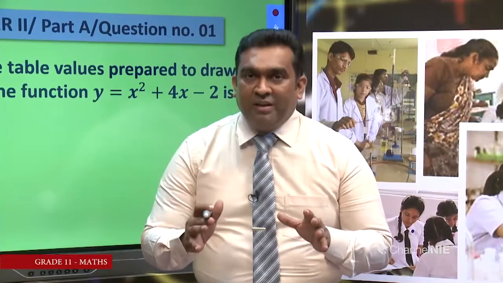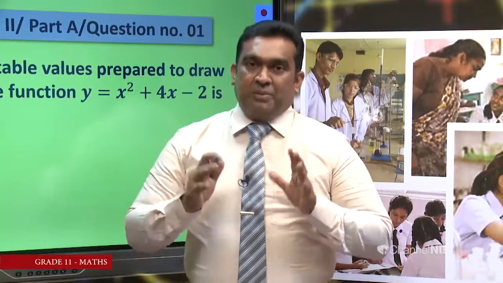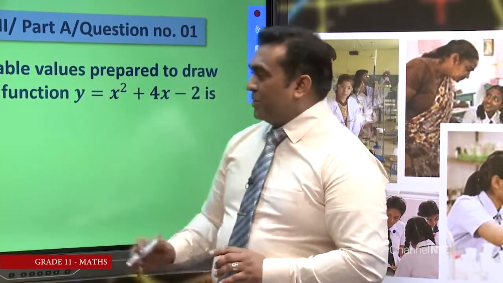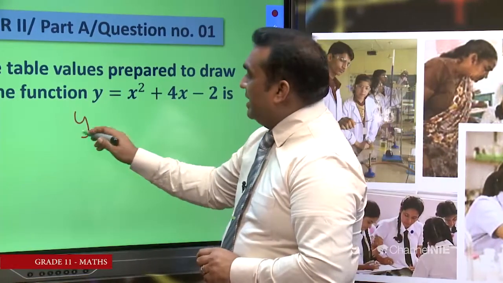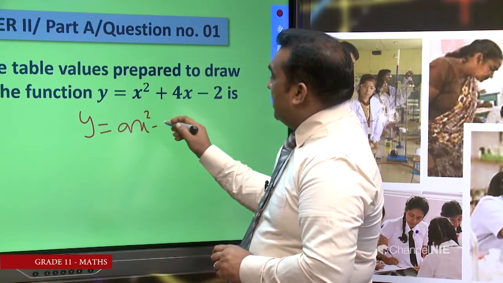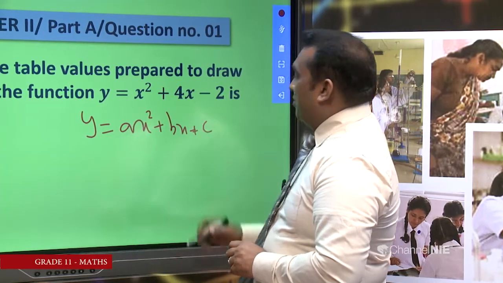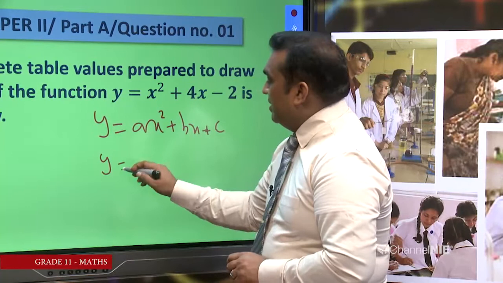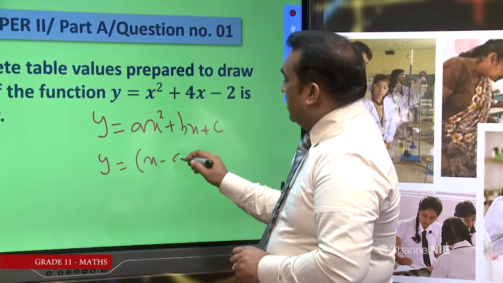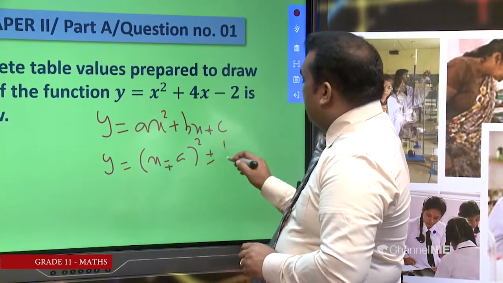When drawing curved line graphs, there are three types of equations. First one, equations like this, y equals ax squared plus bx plus c, quadratic form. Then this one, (x minus a) squared, here plus or minus.